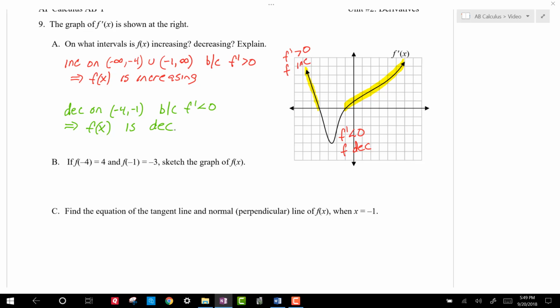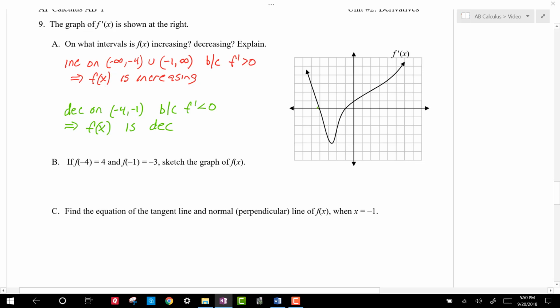I'm going to erase these here, because it says if f of negative 4, so now we're talking about f, not the derivative. Remember, this graph over here is the derivative. If f of negative 4 is equal to positive 4, I'm going to plot that right away: 1, 2, 3, 4.